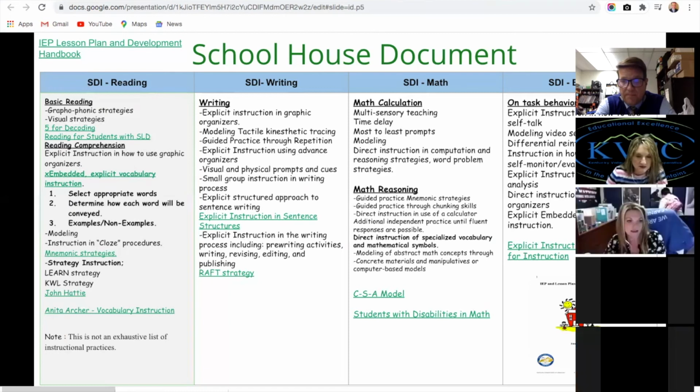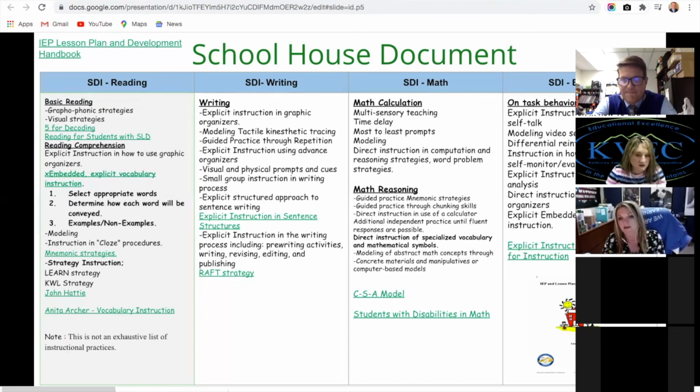One of the things is, even though you do break it down into content specific areas, a lot of the strategies can be applied in each of the content areas and behavior as well. Stephanie was talking about the examples and non-examples for parallel lines. Examples and non-examples is a strategy that could be used in reading as well, for vocabulary, to get that visual.